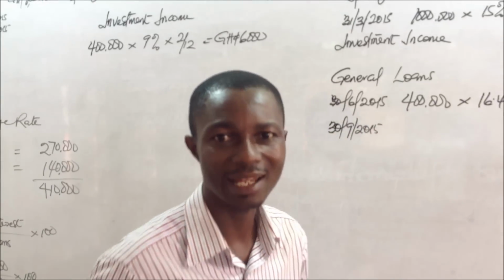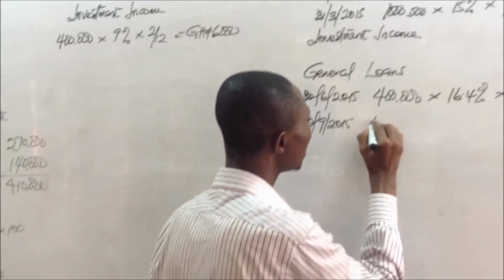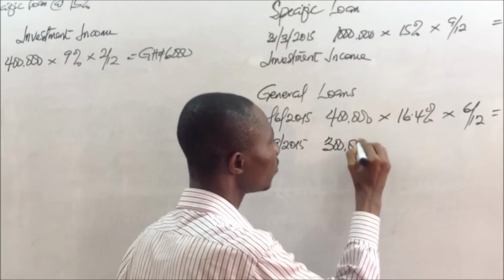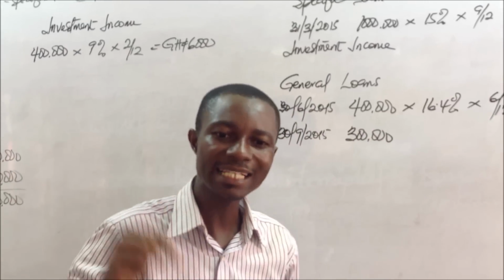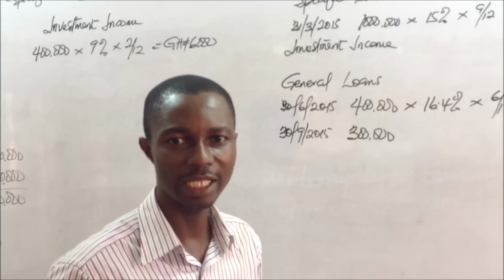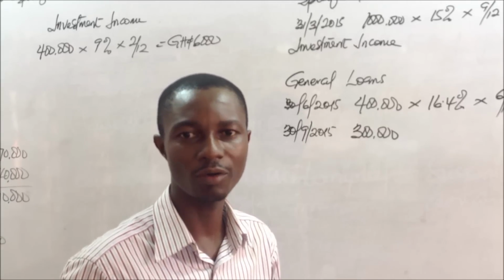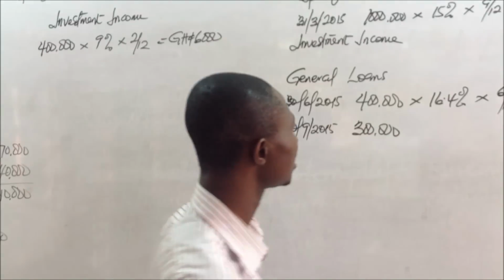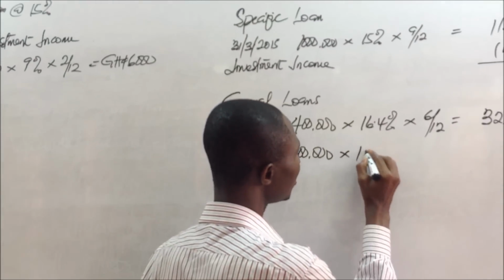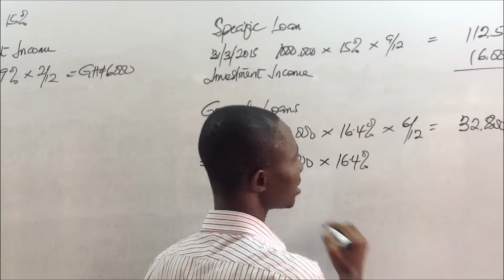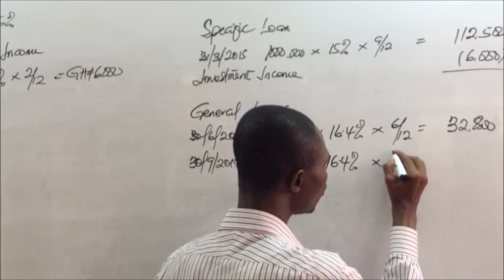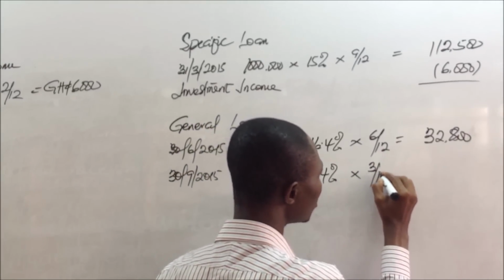Then again on 30th of September 2015, we spent another amount. In this month, we actually only spent an amount of 300,000. Again, this 300,000 is coming from the general pool of loan, so it is supposed to attract an interest at the rate of 16.4%. So we multiply this one by 16.4%, and it is going for only 3/12.